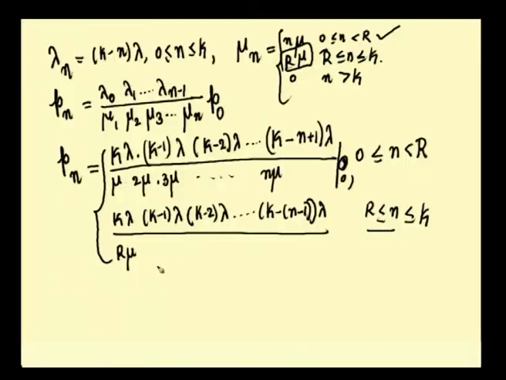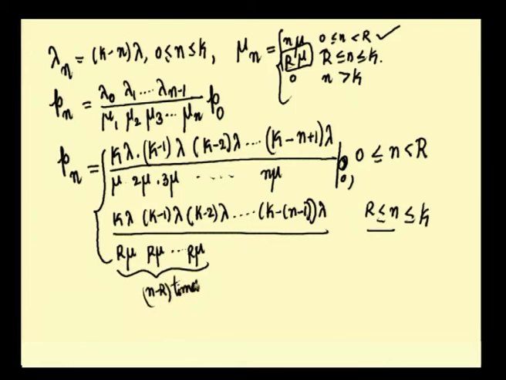Once the number of servers is greater than or equal to C, the rate was defined as C mu, so we write C mu into C mu and so on. As a similar interpretation here, instead of C it is capital R, so we write R mu and so on, R mu written n minus r times.